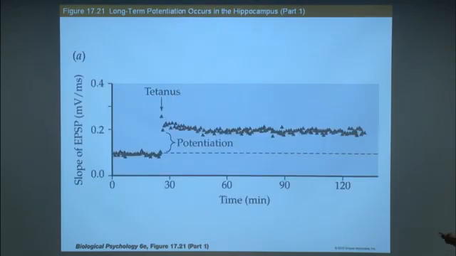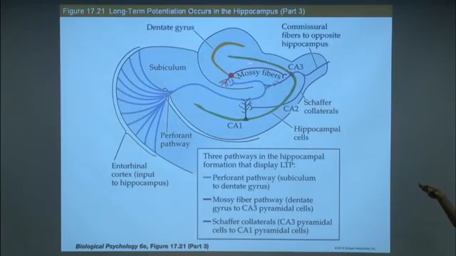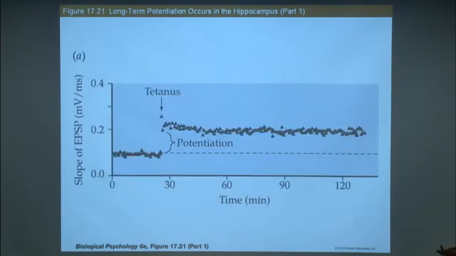This is population EPSP because, as we'll talk about in a second, this is an excitatory synapse using glutamate as its neurotransmitter. Then, right here, we give that tetanus response, a high frequency stimulation response, and this is just happening at minute 30. This literally lasts for 10 seconds.